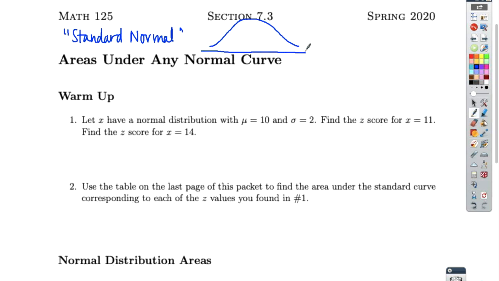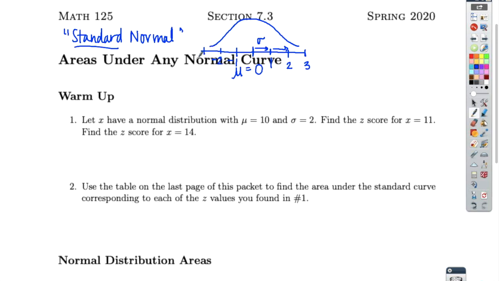The reason that we like the standard normal the best is because the mean is 0, and then the step size, the standard deviation, is 1. So this sort of steps out to 1 and then over to 2 and 3 and so on. This is sort of modeled just like a regular number line. So this one's our favorite.